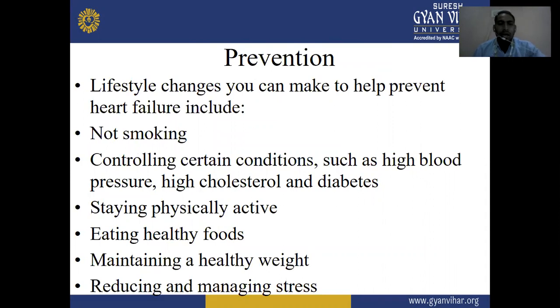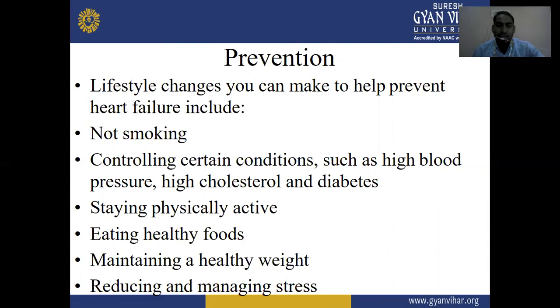Prevention. Lifestyle changes you can make to help prevent heart failure include not smoking, and controlling conditions such as high blood pressure, high cholesterol level, and diabetes, in which the sugar level increases.